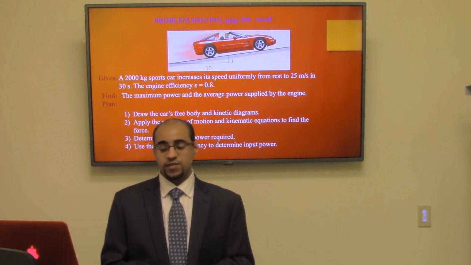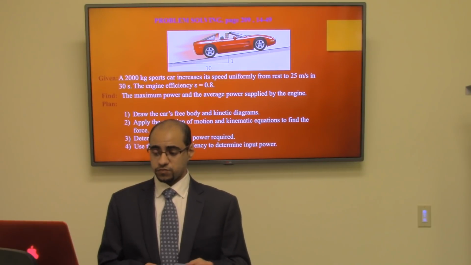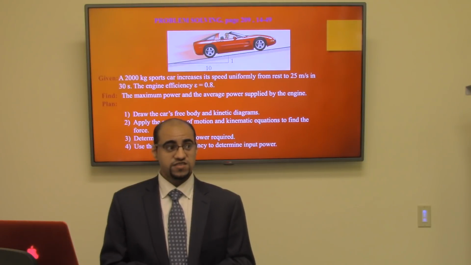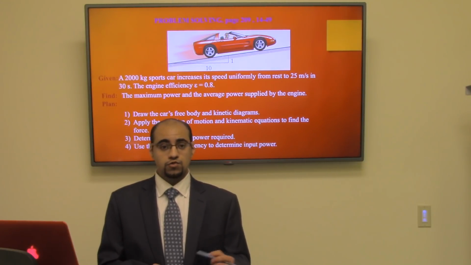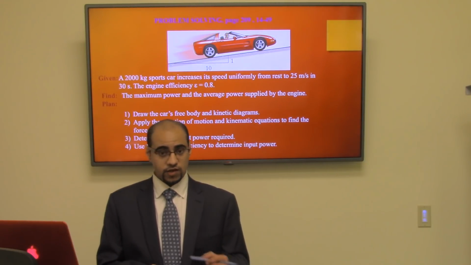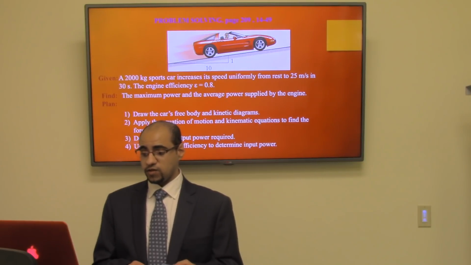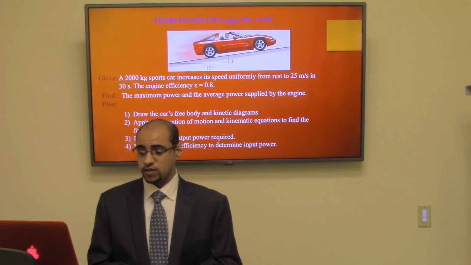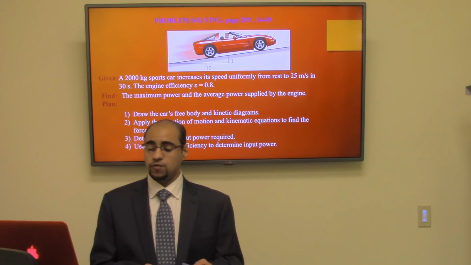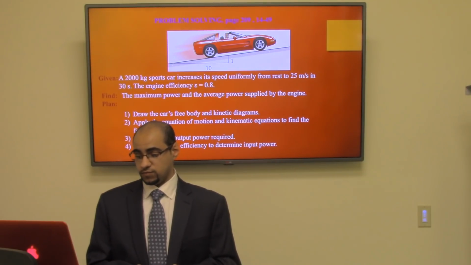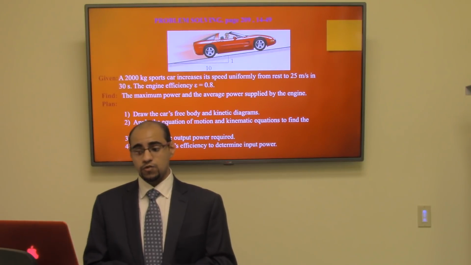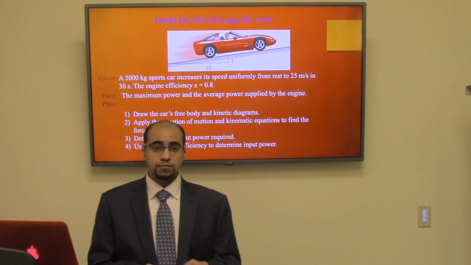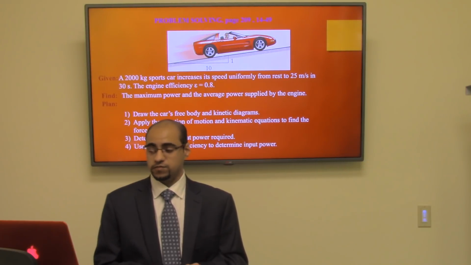And as I explained, we need to make some plans before doing the calculations: draw a free body diagram, apply the equation of motion and kinematic equation to find the force, and determine the output power required. Here we have to add one more step because we need to find the efficiency to determine the input power.